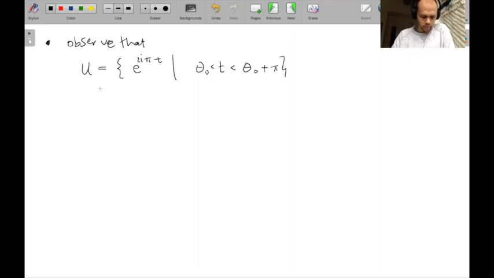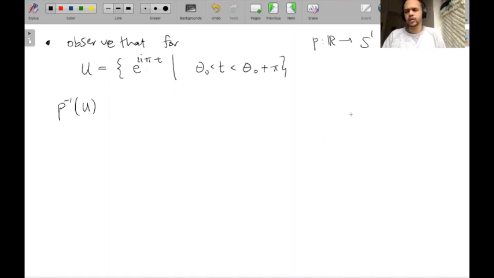And so for U like this, the pre-image under the map p, the pre-image of U, well, what does it look like? It's a union of intervals in R. So if we take this thing here, then what we have is a union of little intervals like this.